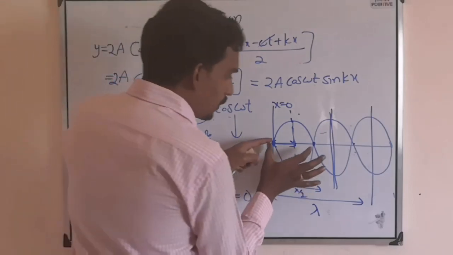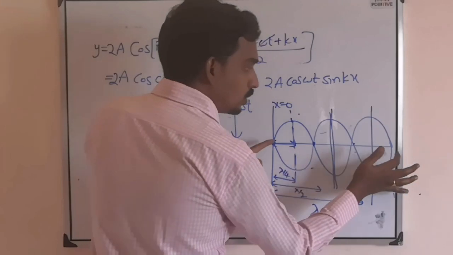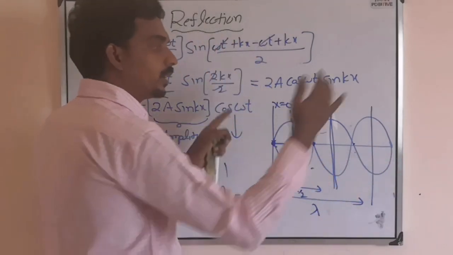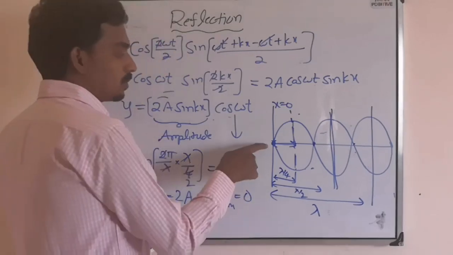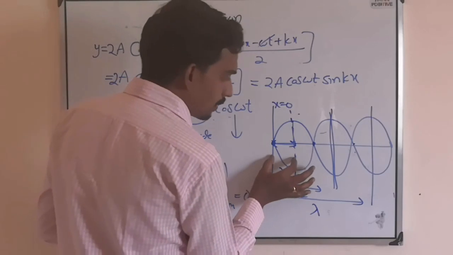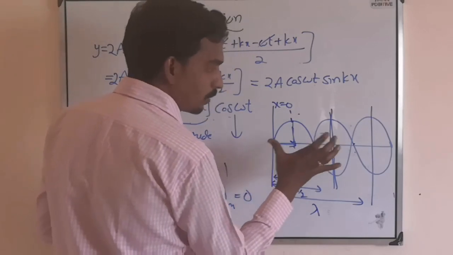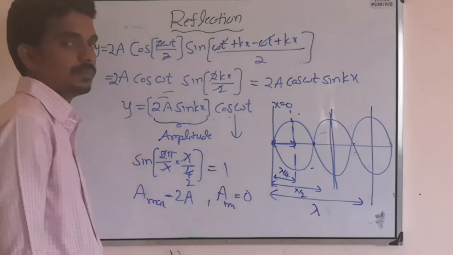So at a distance of lambda by 2, 2 into lambda by 2, 3 into lambda by 2, 4 into lambda by 2, 5 into lambda by 2, the amplitude is 0. But at a distance lambda by 4, 3 lambda by 4, 5 lambda by 4, the amplitude is maximum.